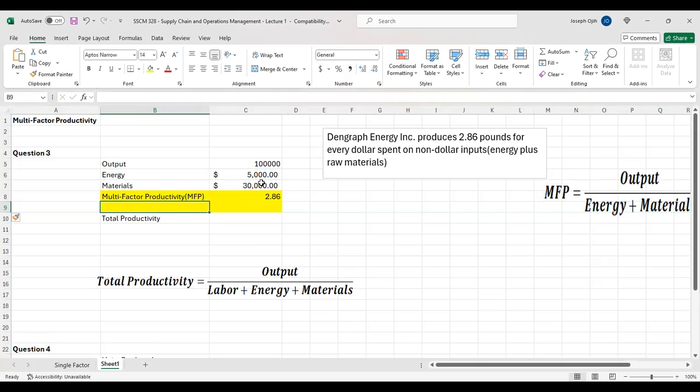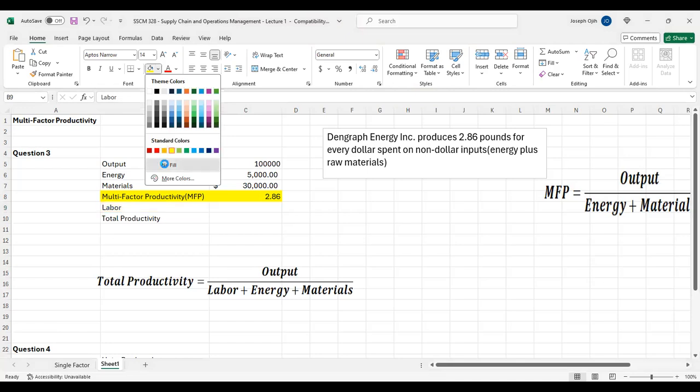Oh, materials is right here. There's something else missing: labor. So let me add labor here. Now we can do everything including labor.